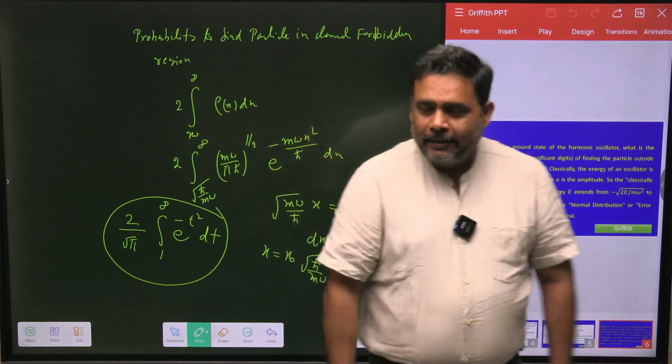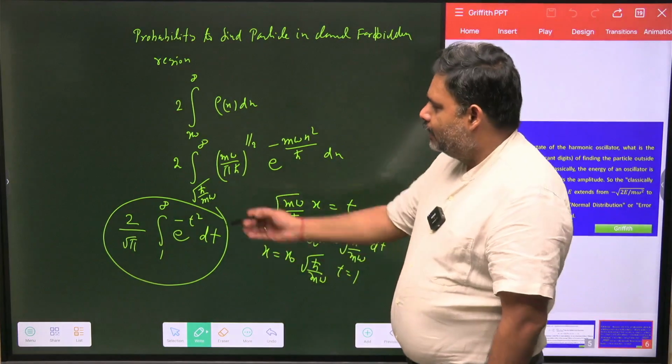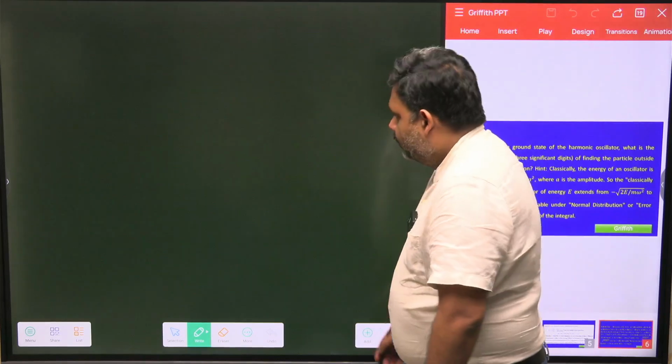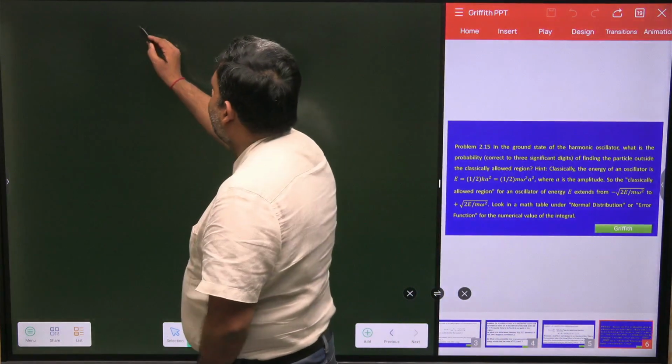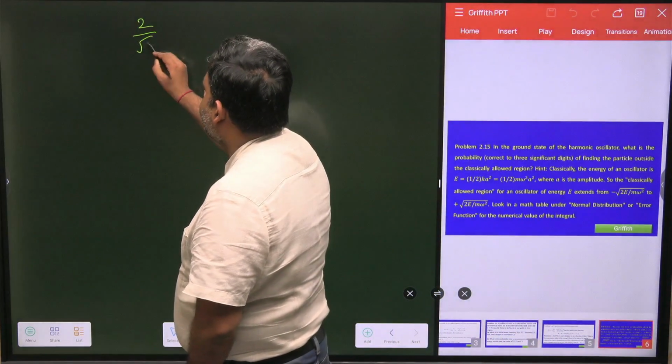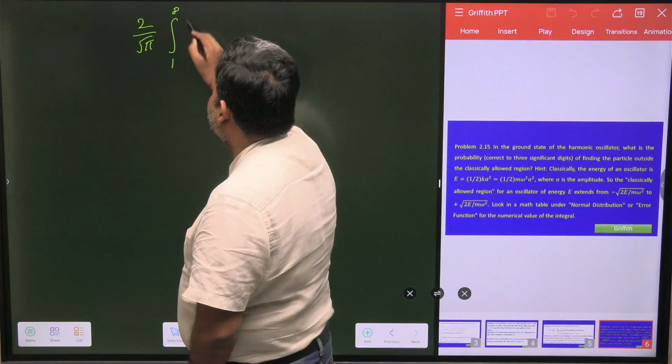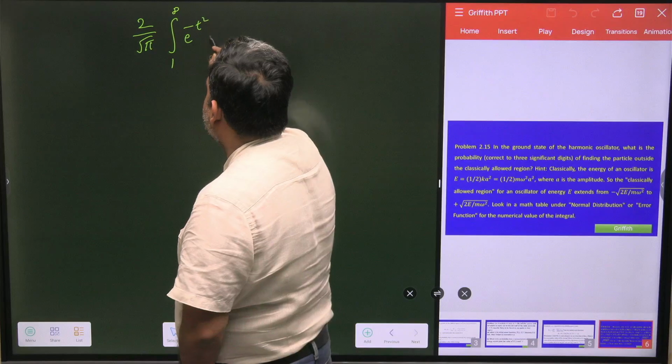So let us try using the error function to get this particular integration. We have to calculate 2 upon root pi times the integral from 1 to infinity of e to the power minus t square dt.